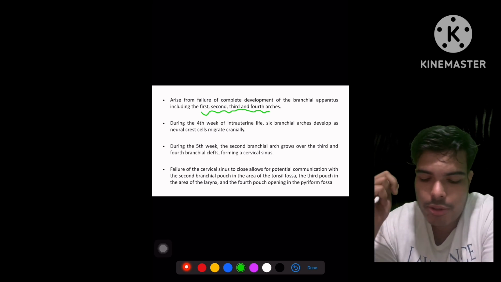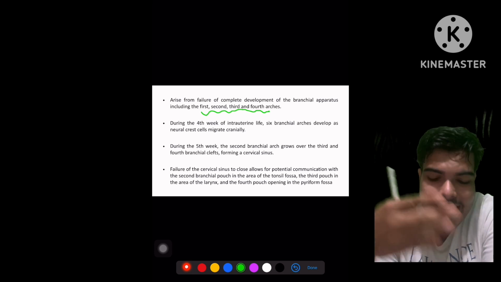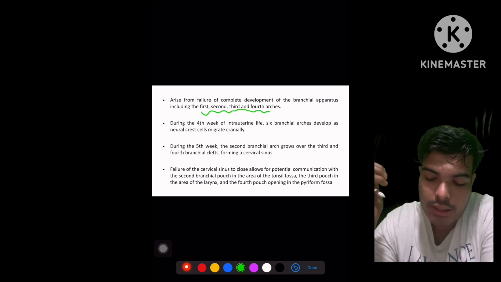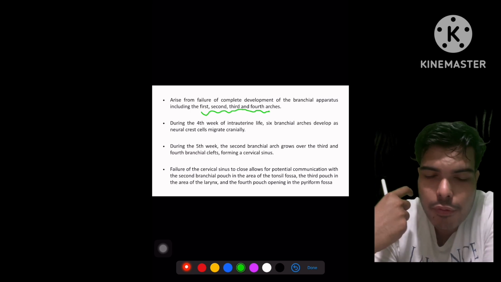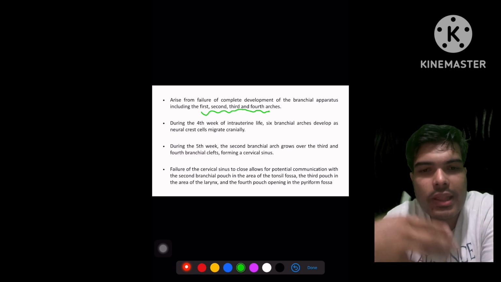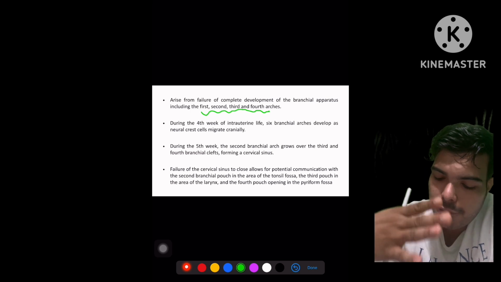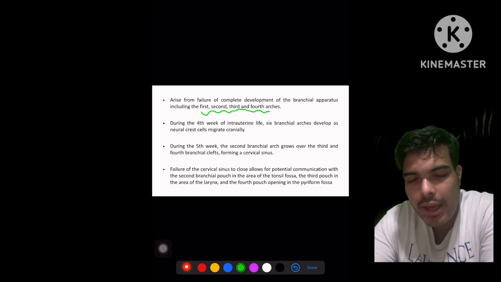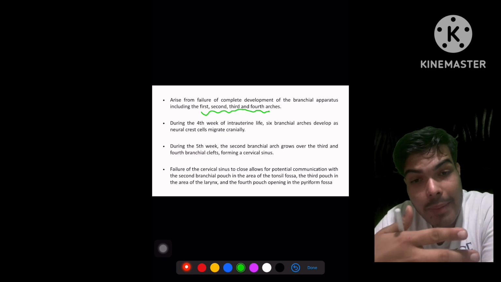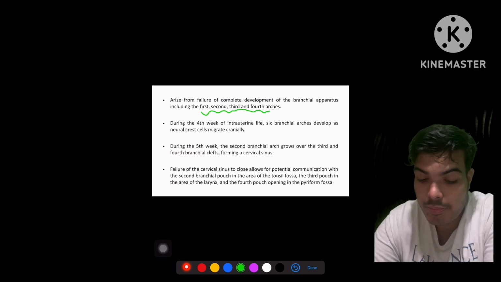If it is associated with the second branchial pouch, the opening will be in the tonsillar fossa. If associated with the third, it will be in the piriform fossa, at the base; the fourth is at the apex.